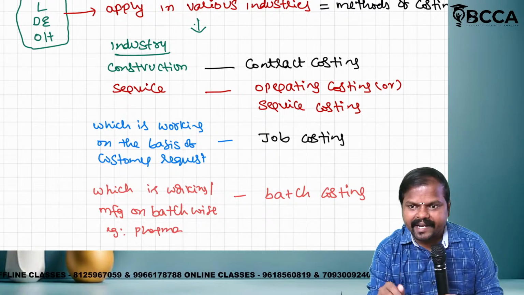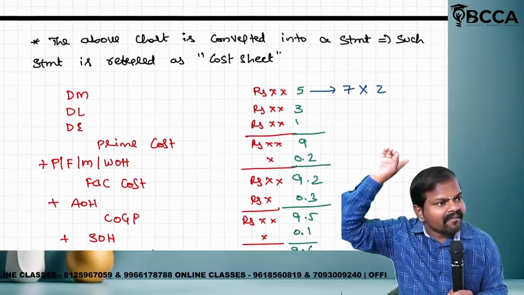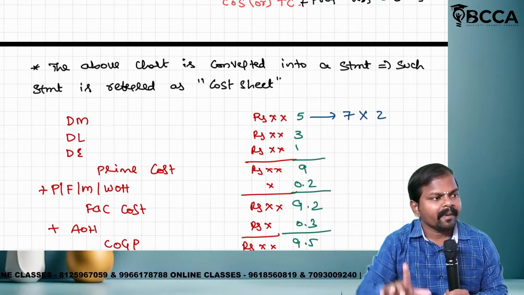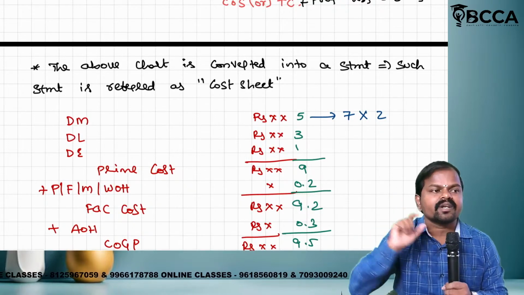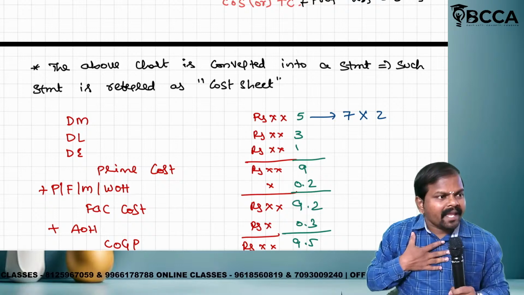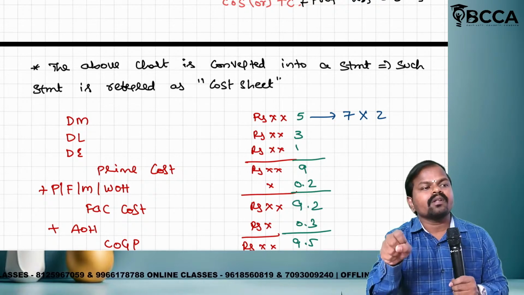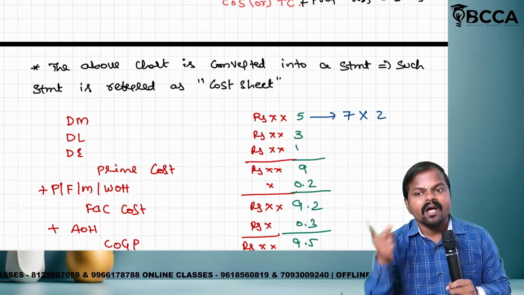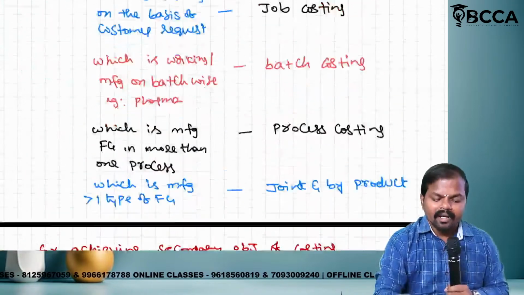Costing is studied for two reasons: primary objective and secondary objective. In day one class I told. Do you remember? What is the secondary objective? Cost control, cost reduction. I am running a business entity and I intend to control or reduce the cost. Then I should use techniques of costing.